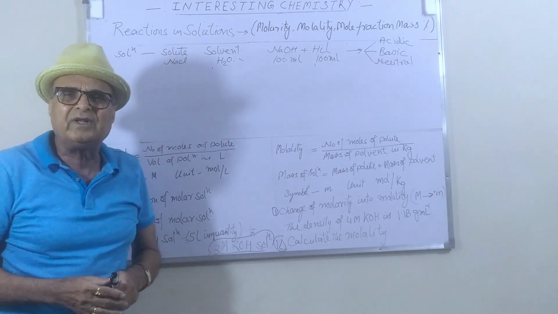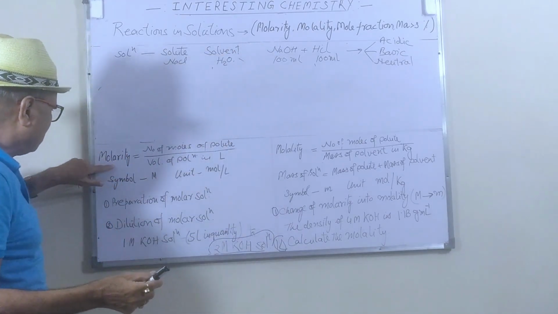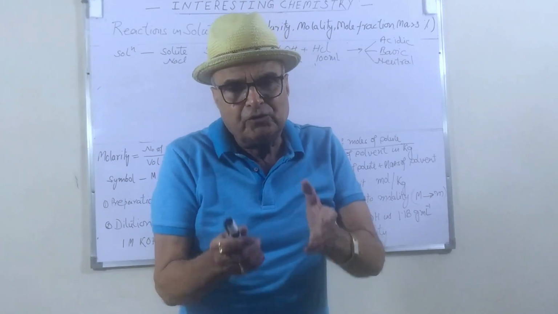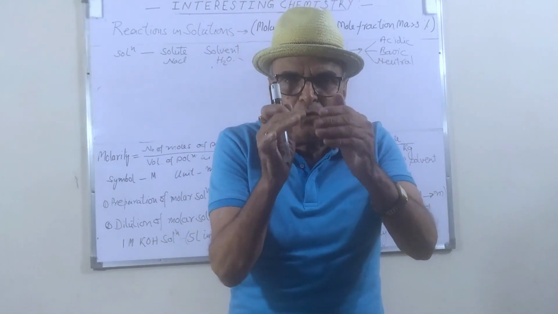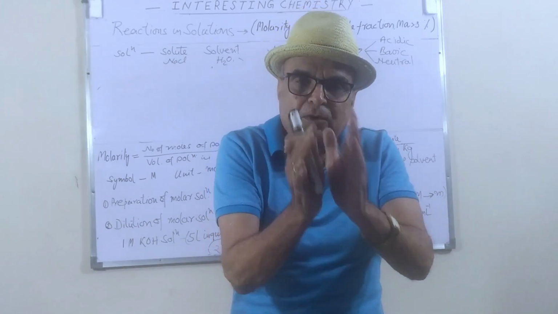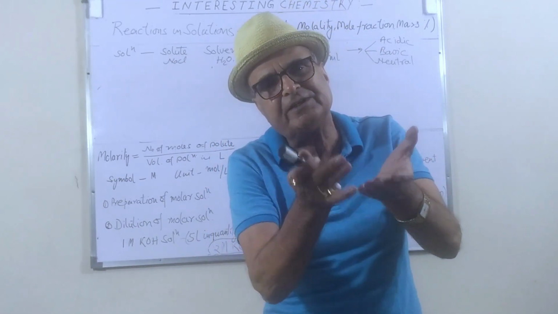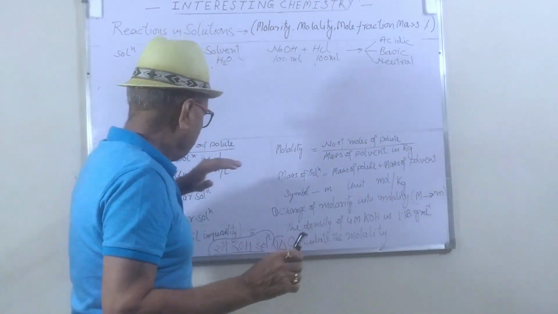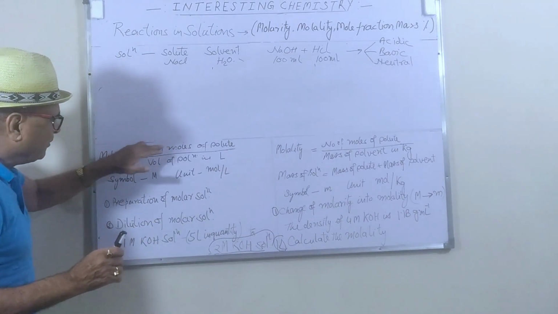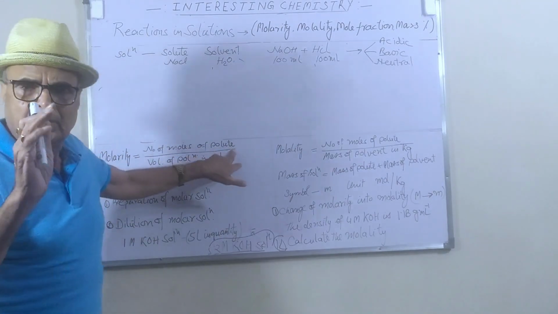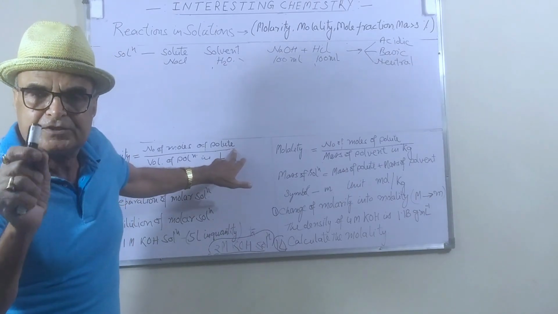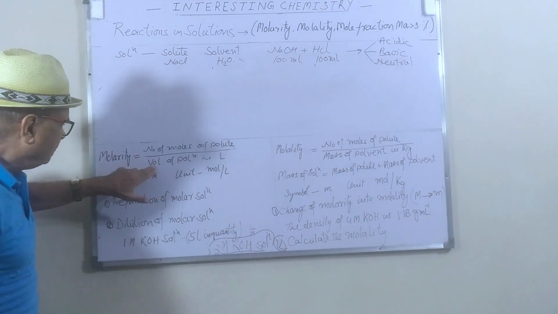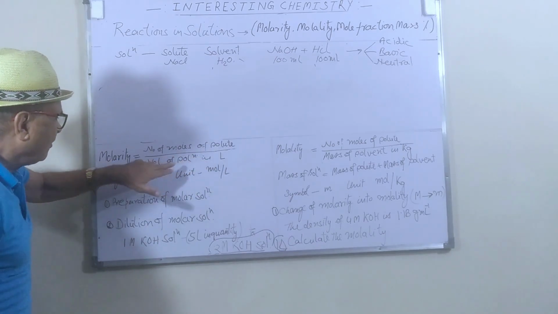What do you mean by molarity? Molarity comes from the mole. When we tell the number of moles that are dissolved in 1 liter of solution, we call it molarity. The formula: molarity is the number of moles of solute, that is, the number of moles of substance present in 1 liter of the solution.